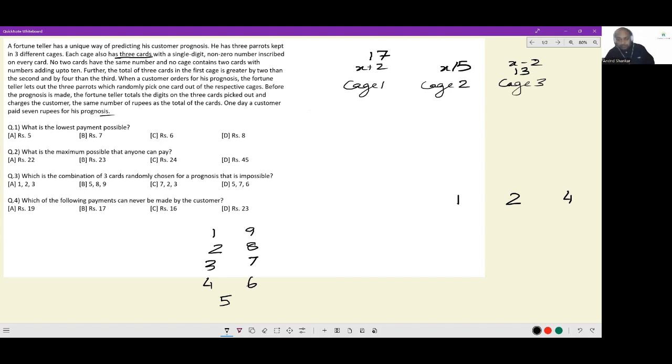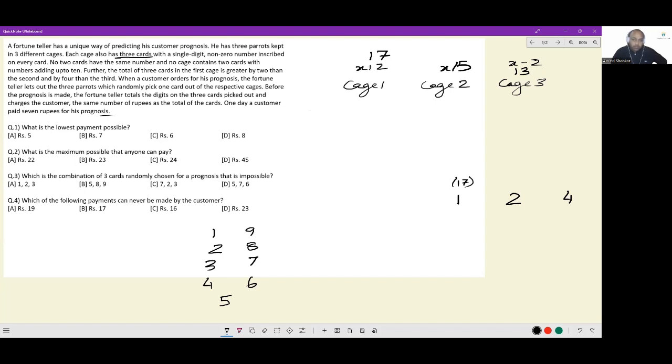But we know they will add up to totals of 17, 15 and 13. So first thing I'm doing is I'll try to make the group that has card 1 add up to a total of 17. In order to make 17, 1 is already there, I need 16 more. 16 can be made by 9 plus 7, but that is not possible because 1 and 9 cannot be in the same grouping.